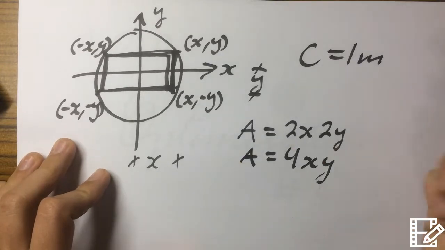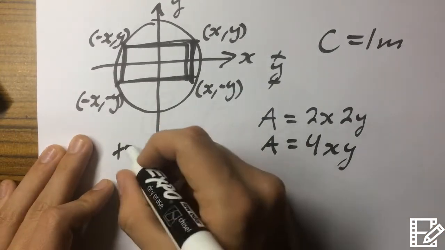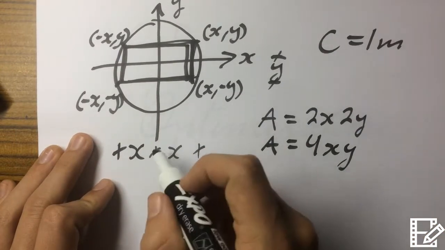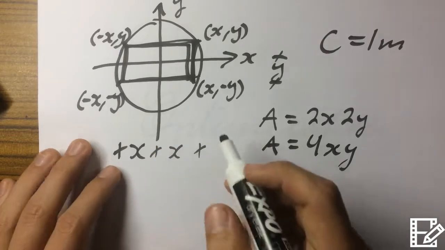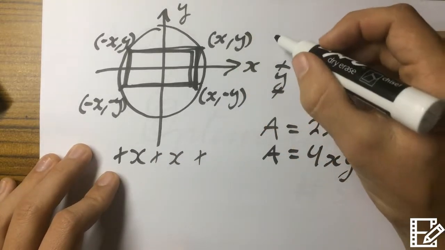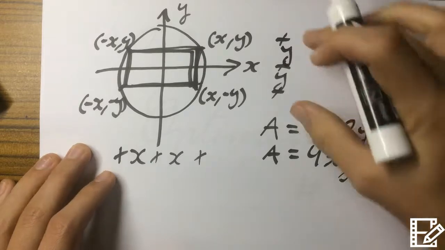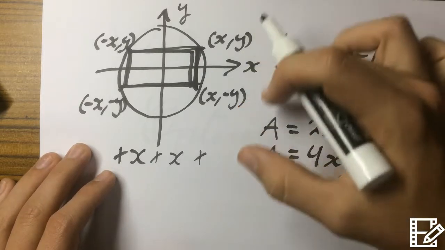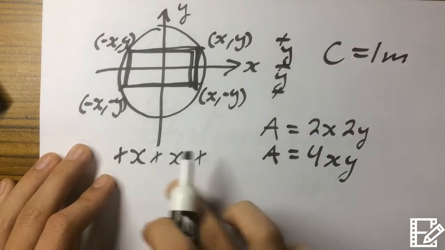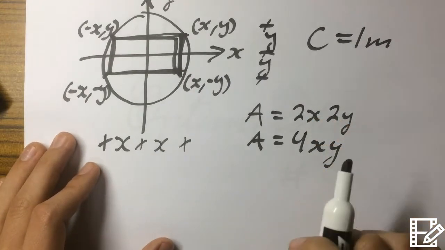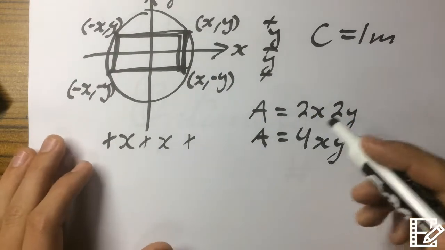Why is that? Because we have one x and then another x, and then we have a y going this way, and a y going this way. So we have two y's that make up the width, and two x's that make up the length. That's why we've got that, because the area is length times width.